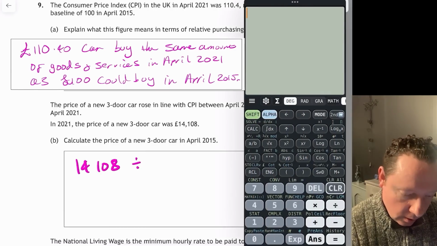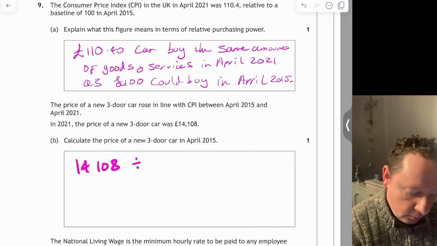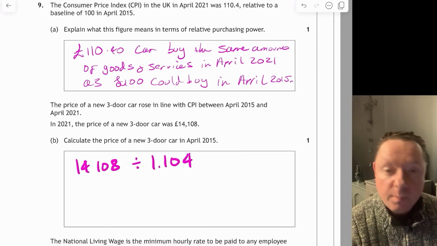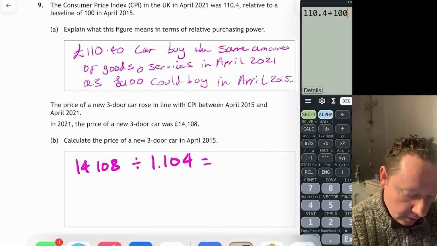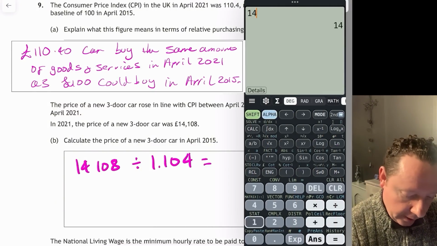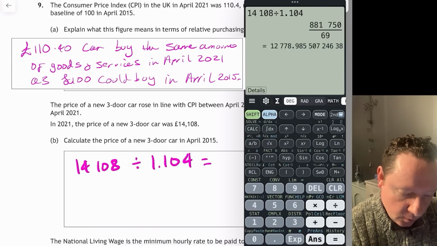So 110.4 divided by 100 is a decimal, 1.104. So I need to divide by 1.104 because it went up by 1.104. So taking my calculator, I get 14,108 divided by 1.104 is 12,778.99.